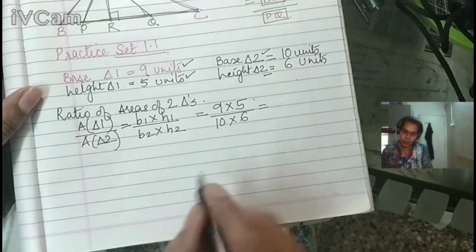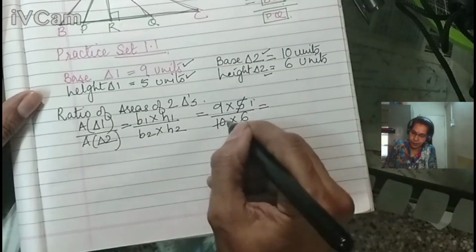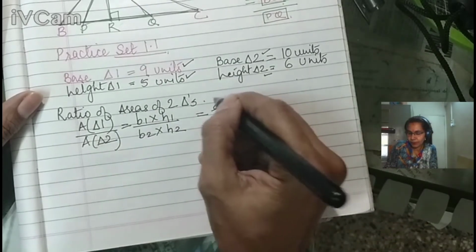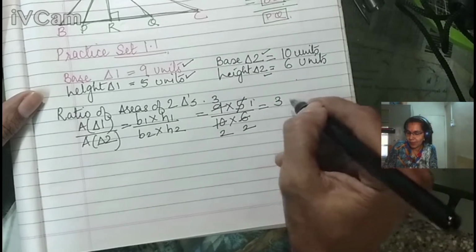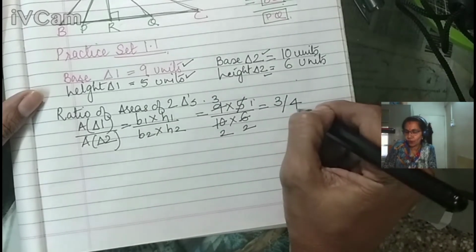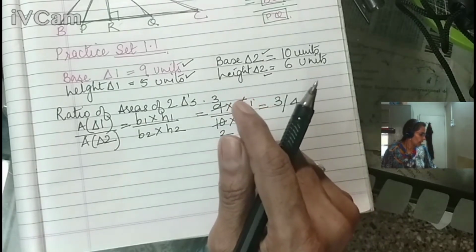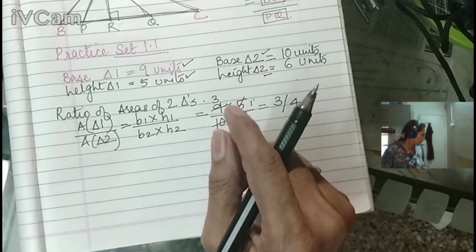Do the cancellation. 5 ones are 5, 2 twos are, 3 twos are, 3 threes are. It is 3 upon 4 units. Or the ratio is 3:4.